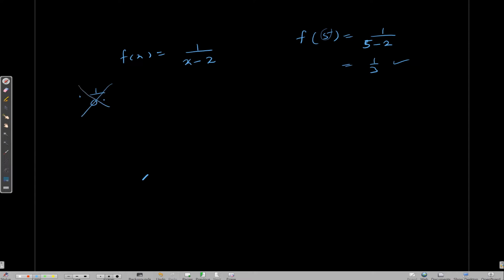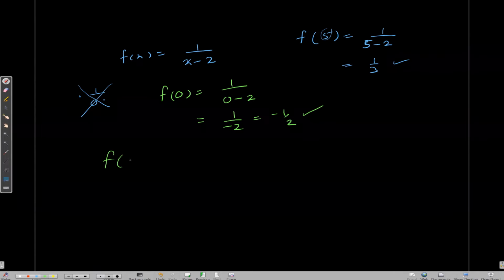You cannot have that. But the number we are looking for is not exactly 0, because f of 0 is 1 over 0 minus 2, I can replace x by 0. Because 0 minus 2 is negative 2, so we have negative 1/2, which is fine. But what if I put f of 2? Then I get 1 over 2 minus 2. Okay, now we have a problem. 1 over 0.